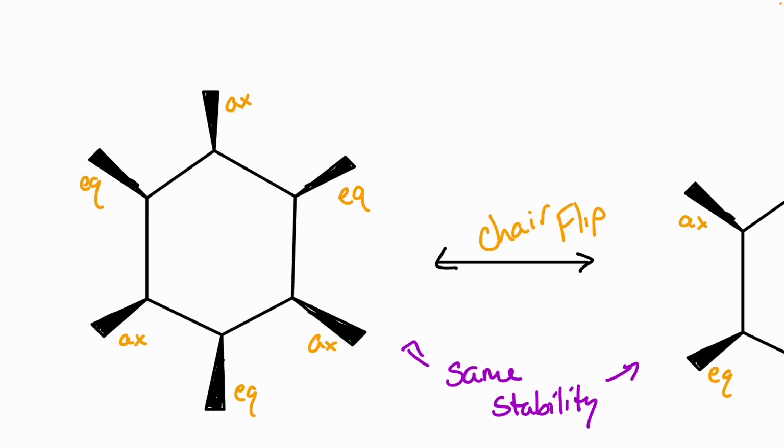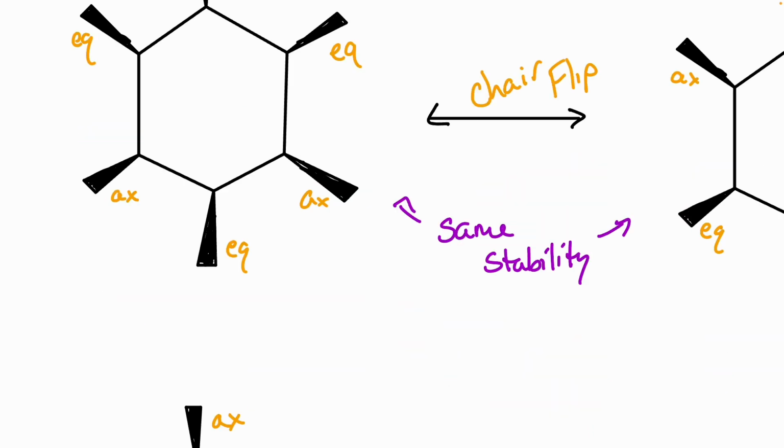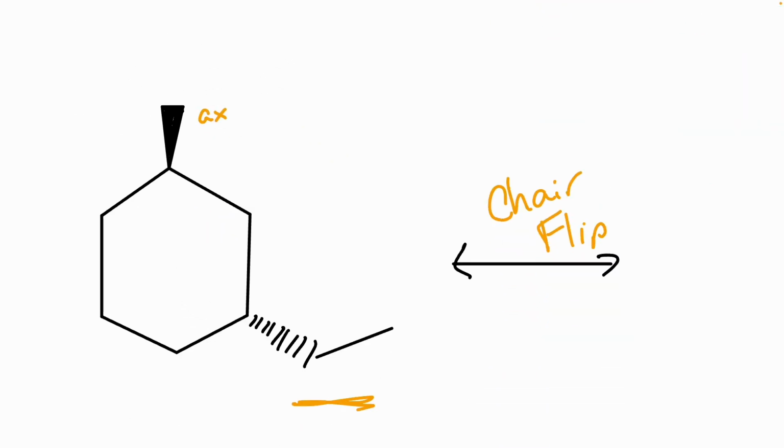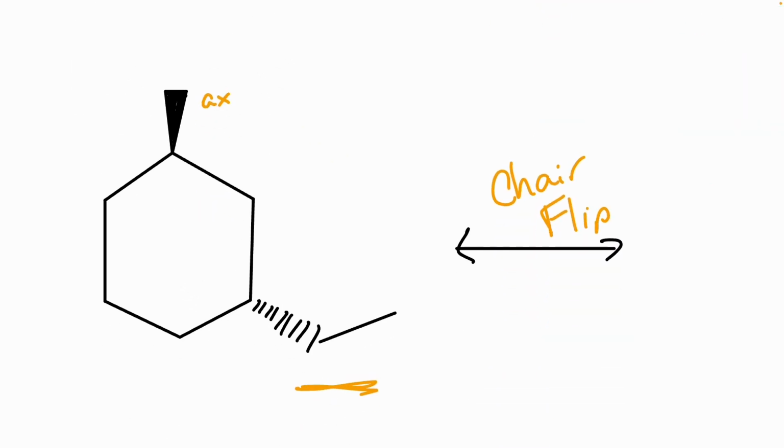We said it was this every other pattern, axial, equatorial, if they were all pointed in the same direction. So I'm 2 apart here, or 3 carbons apart here. If they were both in the same direction, they would both be axial. But in this example, this one's pointed down, in the opposite direction, so this one would be in the equatorial position.